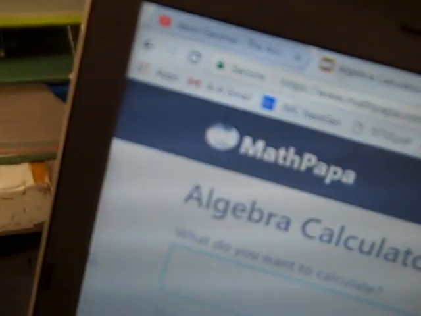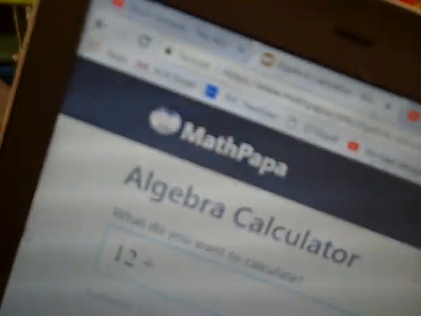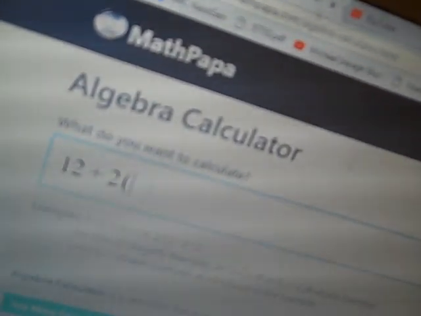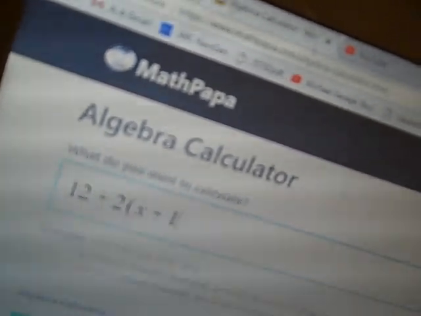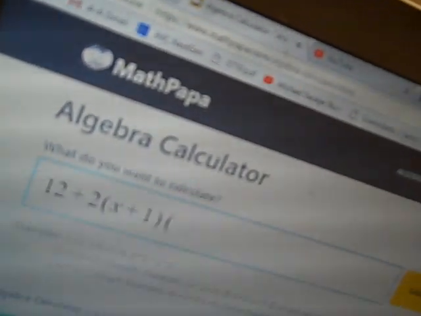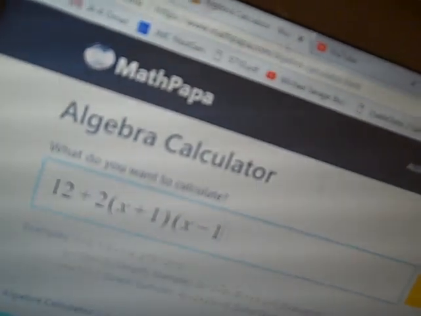Okay, so on one side I've got 12 plus 2 times x plus 1, and then x minus 1. Okay, I got 2x to the second power plus 10. Okay, and let's see what we got going on in here.